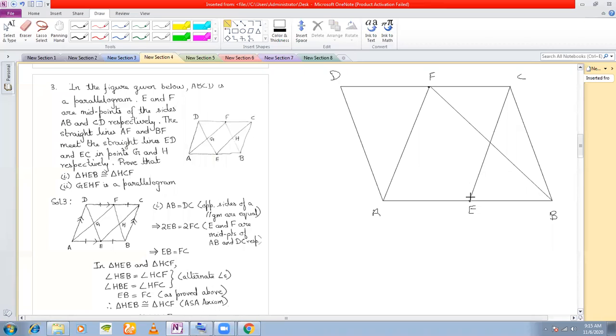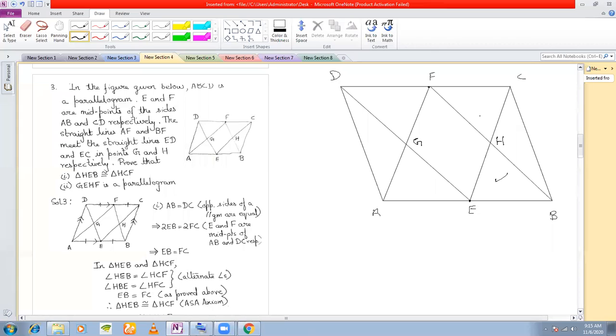This is joined, and this is joined. Okay, and these are called G and H. Now the question here is: prove that triangle HEB is congruent to triangle HCF.